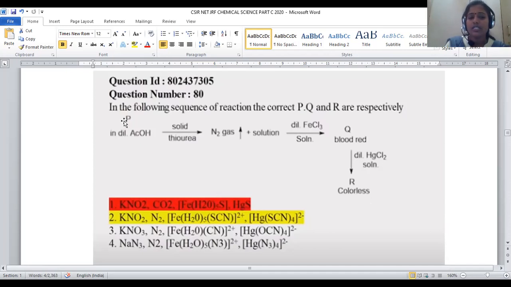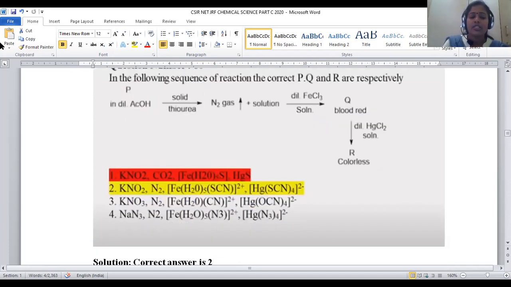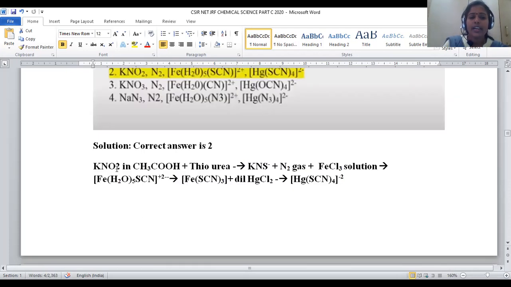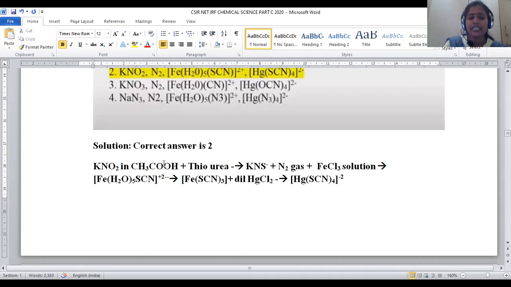We have to predict what is the starting material P, what is the intermediate compound Q, and what is the final product R in this sequence. For this purpose, first we have to take nitrite. So KNO2 is the starting material, potassium nitrite. Potassium nitrite dissolved in acetic acid is now treated with thiourea.